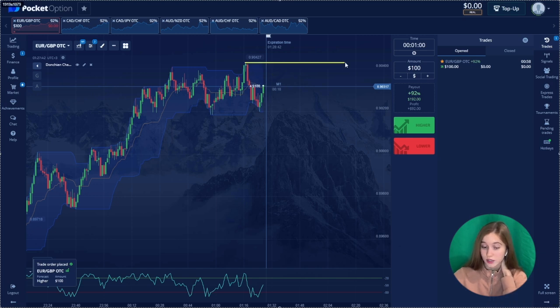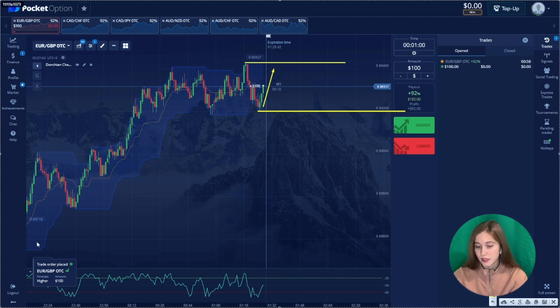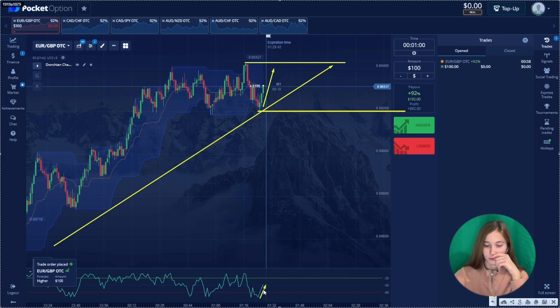We reached the resistance level soon. By the second indicator, we see an upper position. This moving average is also directed upward.